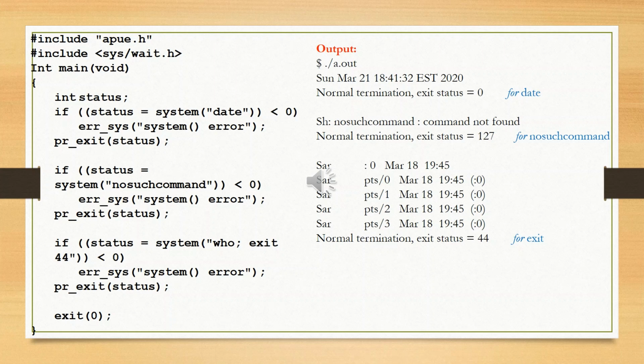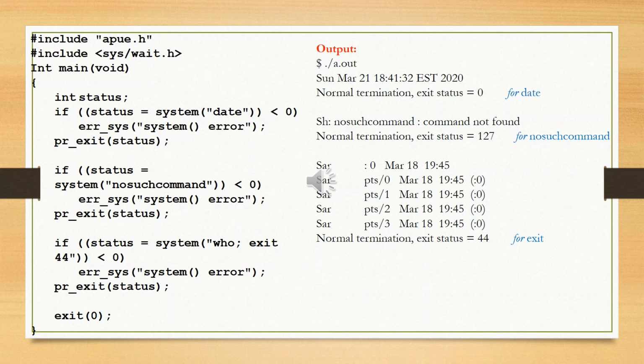If status equal to system("no such command") is less than 0, then it also generates a system error, and then you also call the exit status. If status is equal to system("who; exit 44") is less than 0, it is a system error; otherwise print the corresponding status and exit.